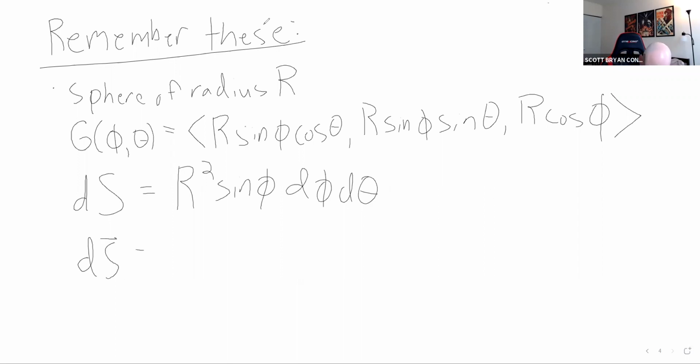And the d vector S is going to be the same thing, except it's a vector now. So you're going to be multiplying that R squared sine phi times the radial unit vector.